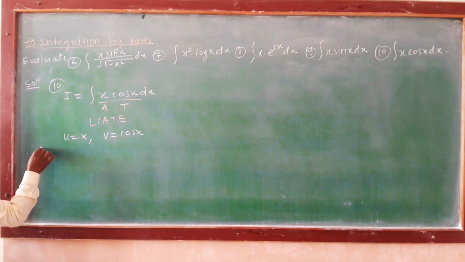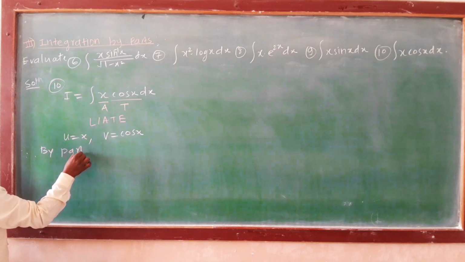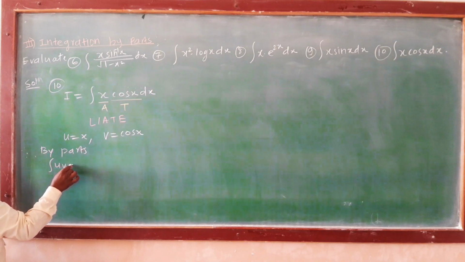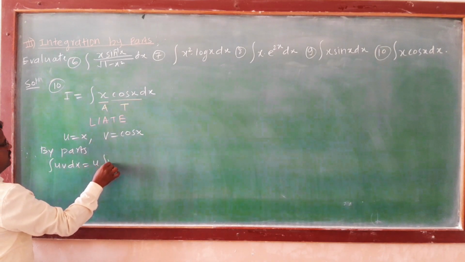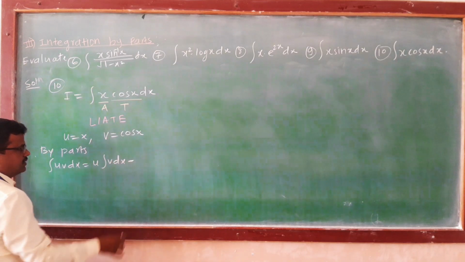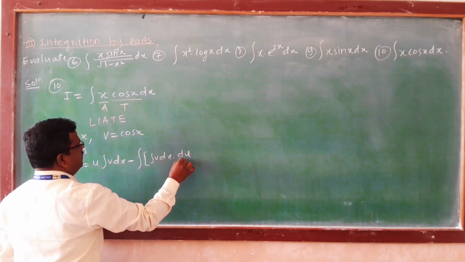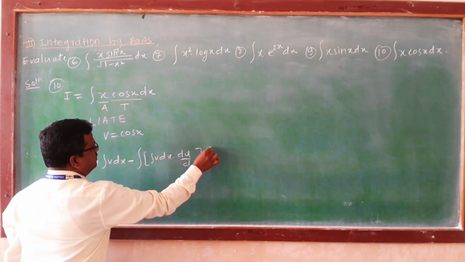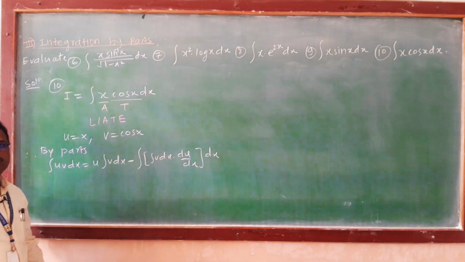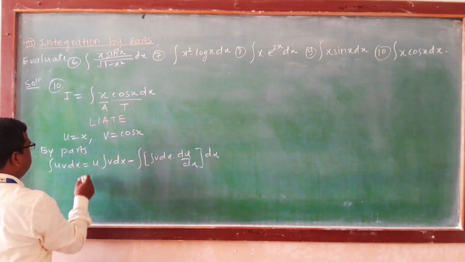And therefore, by parts means integration of u v dx is u integration of v dx minus integration of integration of v dx into du by dx, with respect to x. Now put the values of u and v.